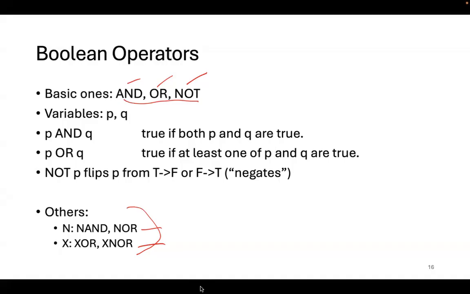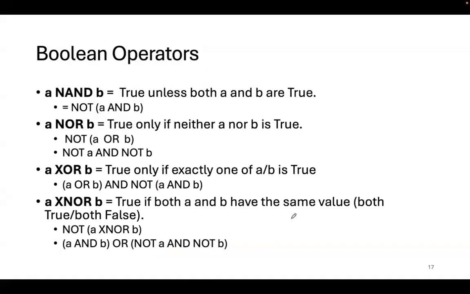You can build up to something like an if statement or a for loop using just these operations, which I think is really cool. In terms of the ones that you may not have seen, it's not super important for you to know, but I just want to mention that it's a possibility.